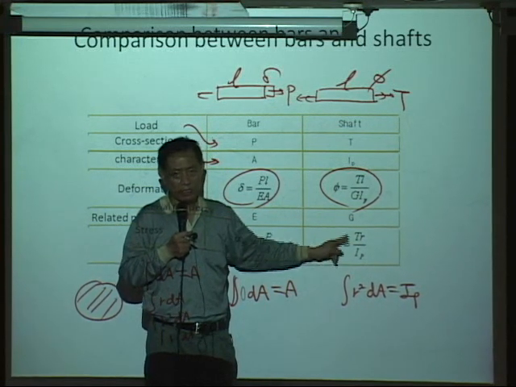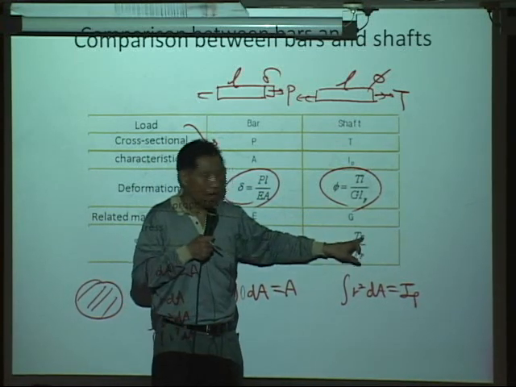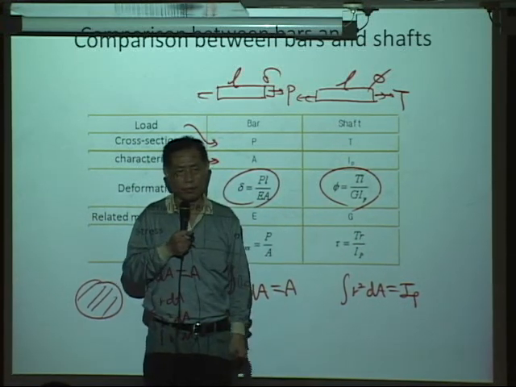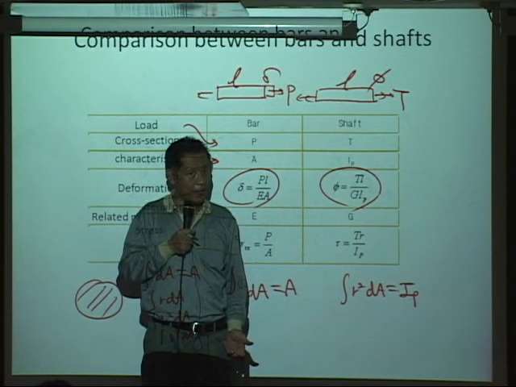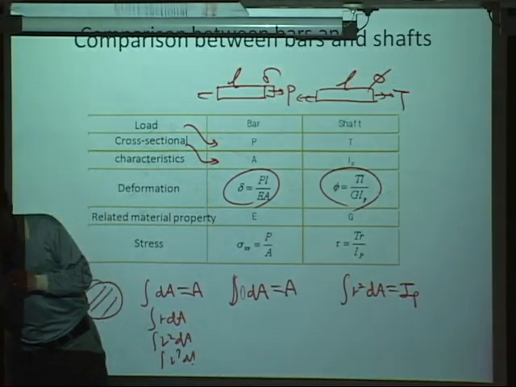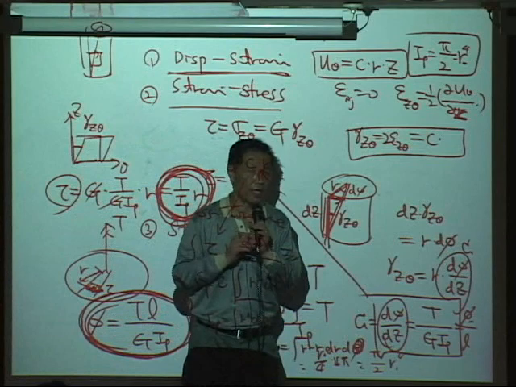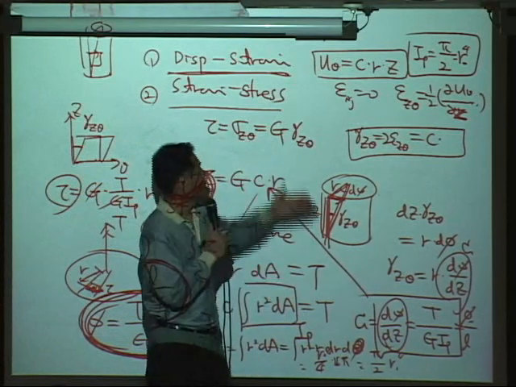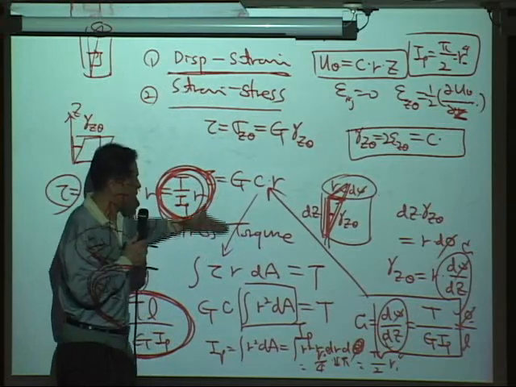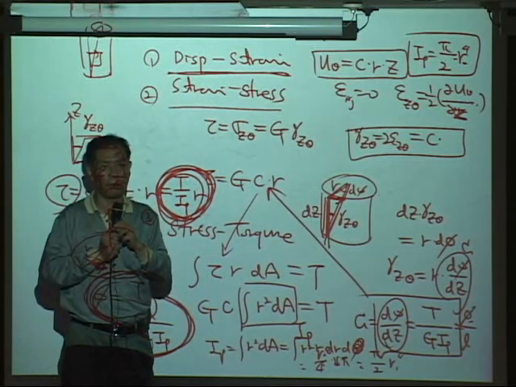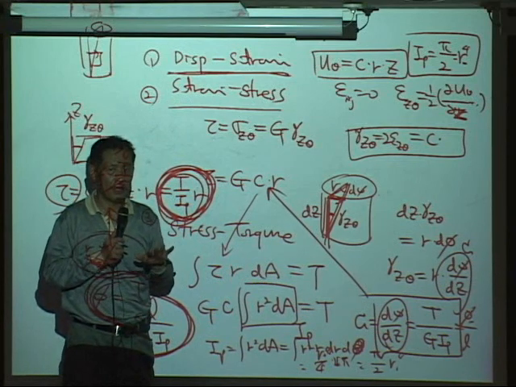And this stress is proportional to R, so we have R here. I know this subject is new to you, but you need to be able to derive this step by step from a blank paper.